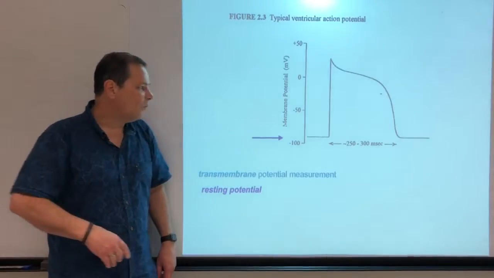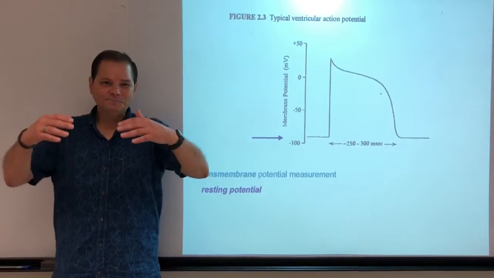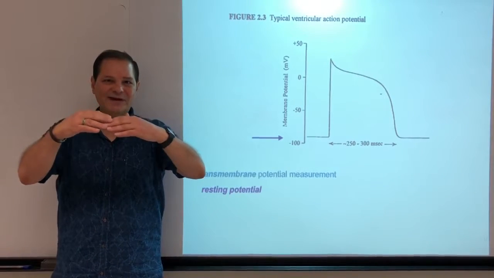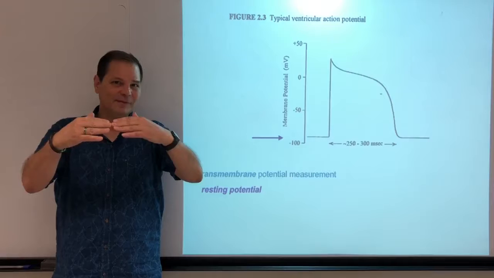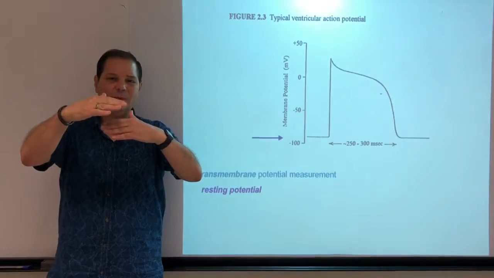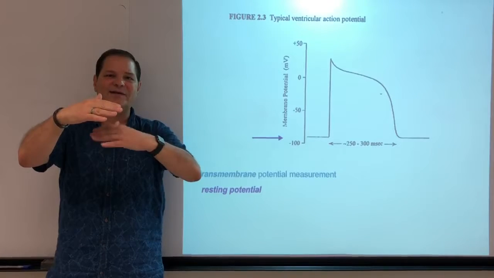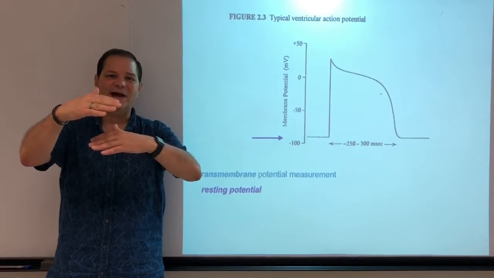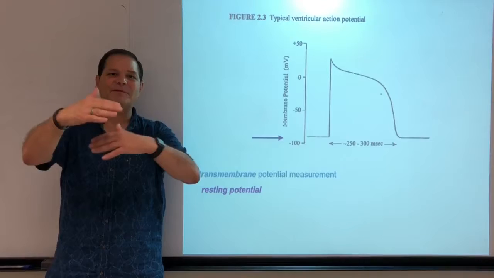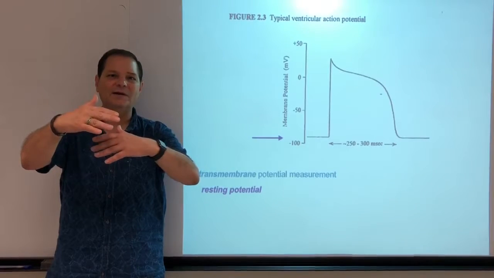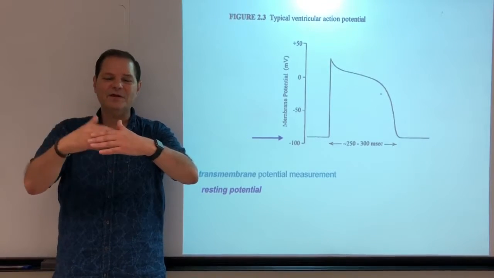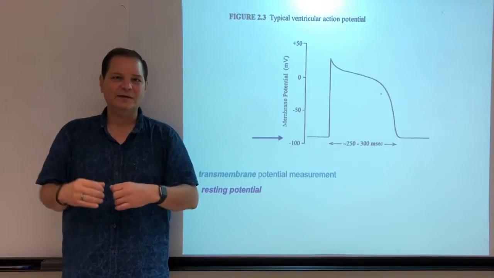millivolts, okay? And what that means is that there are slightly more negative ions on the inside of the membrane of this cell, slightly more positive ions on the outside of the membrane. The inside is negative relative to the outside, so we say that there's a potential difference across that membrane. And we say it's a negative potential difference because it's more negative on the inside, okay?